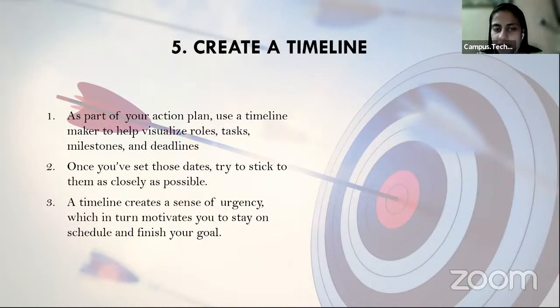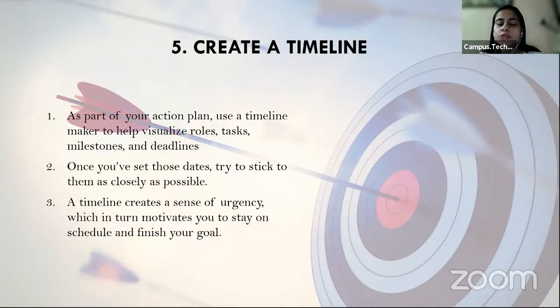Next is create a timeline. What is a timeline? What timeline can we create? As we have learned in SMART goals, every goal needs to have a dedicated and specific timeline, which makes it achievable. As a part of your action plan, use a timeline maker to help visualize roles, tasks, milestones, and deadlines.